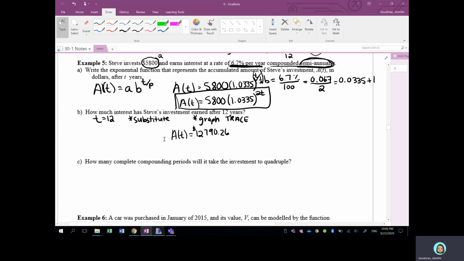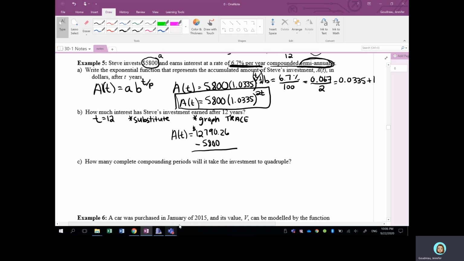Okay, part C. How many complete? Oh, sorry, we're not done part B. This is the accumulated amount. This question asks how much interest has Steve's investment earned? So this is the total amount of money he has. To get the amount of interest, what we're going to do is take that total amount and subtract away the initial investment.